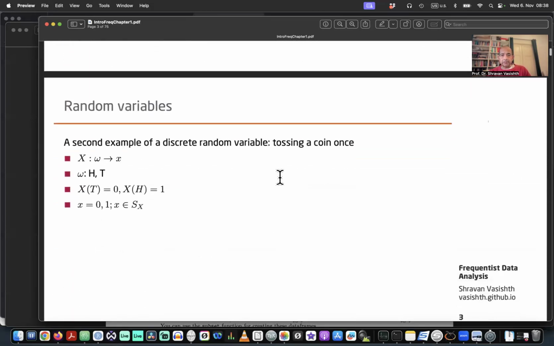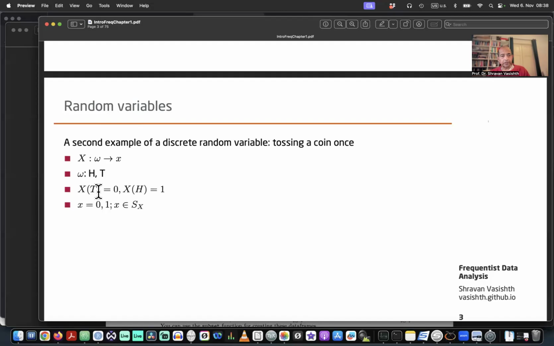So another example is a very simple one again, tossing a coin just once, okay? And there, the possible outcomes are heads or tails. Let's not consider the possibility that the coin lands vertically, even though theoretically it's possible. So heads or tails are the possible outcomes. That's your small omega.